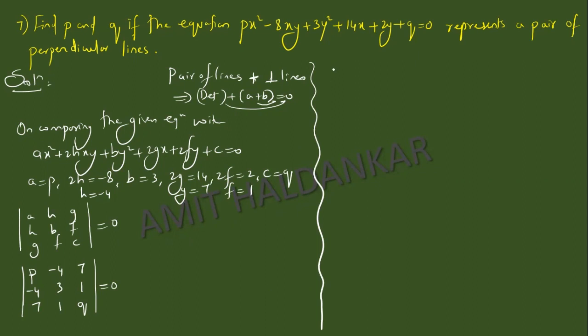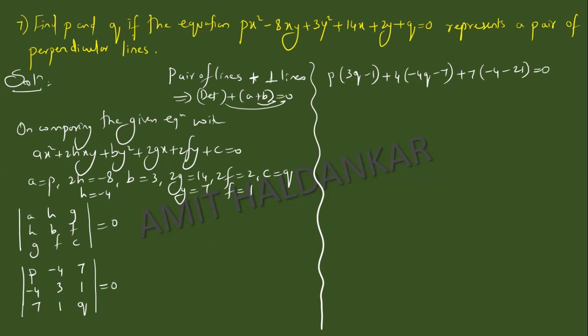And when you solve this, you'll get p into 3q minus 1 plus 4 into minus 4q minus 7 plus 7 into minus 4 minus 21 is equal to 0.